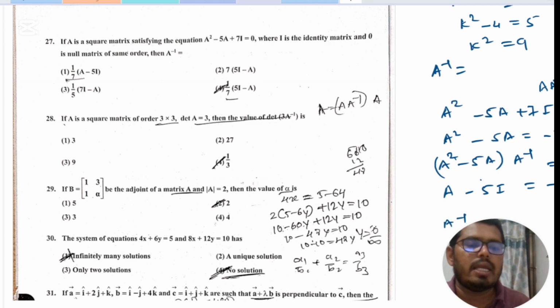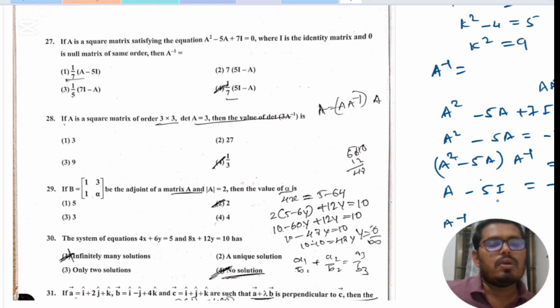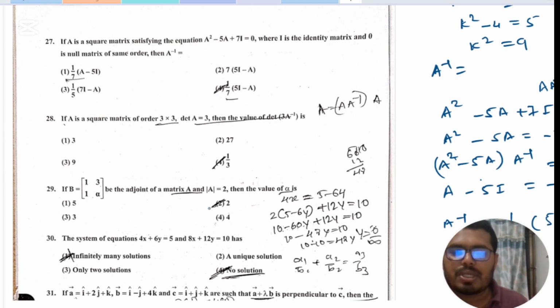Therefore, A inverse is equal to 1 by 7 into 5I minus A. Therefore, option number 4 is the correct option.